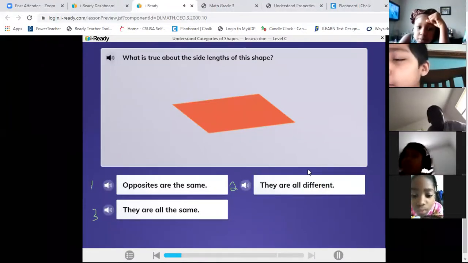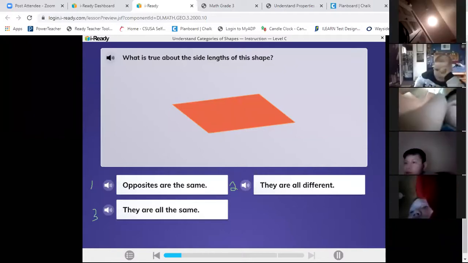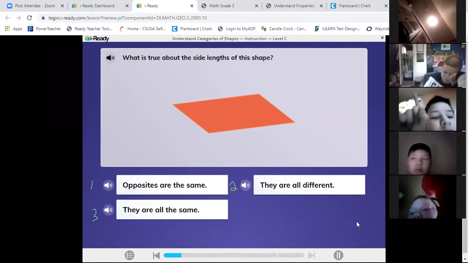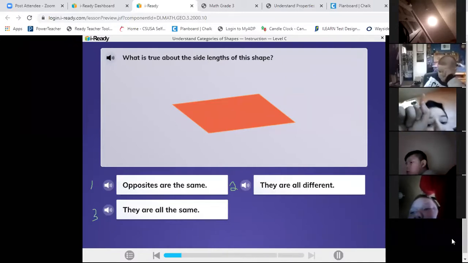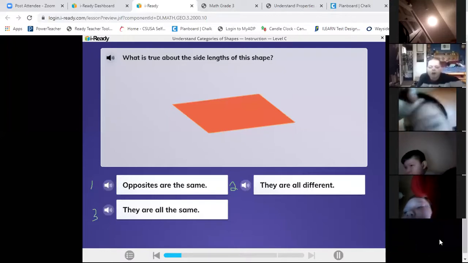All right, what is true about the side lengths of this shape? Same thing here. And for this one, for the sake of time, I'm gonna go with what the majority says. Opposite or the same.